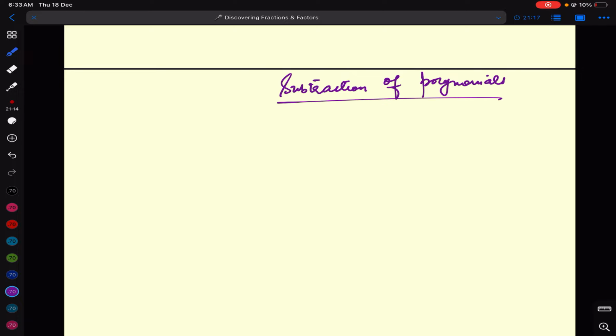So now when I say subtraction of polynomials, that is 4x plus 8 minus 3x plus 2. So here you see we have two polynomials and there's a subtraction symbol in between them. Now we are going to exactly follow the same process. We'll be opening the parentheses, which are 4x plus 8.